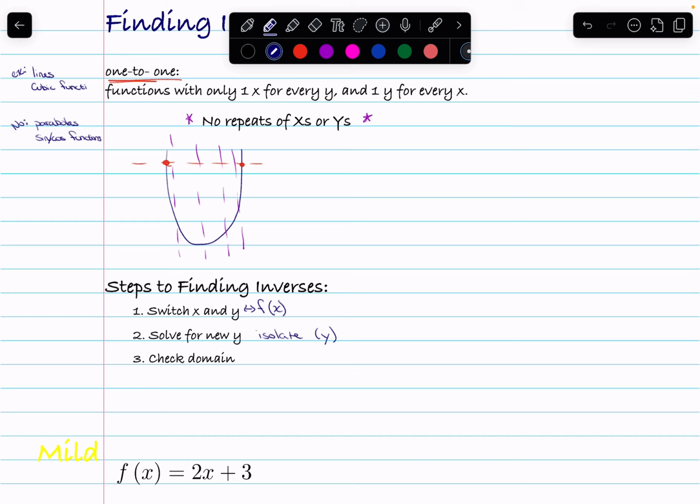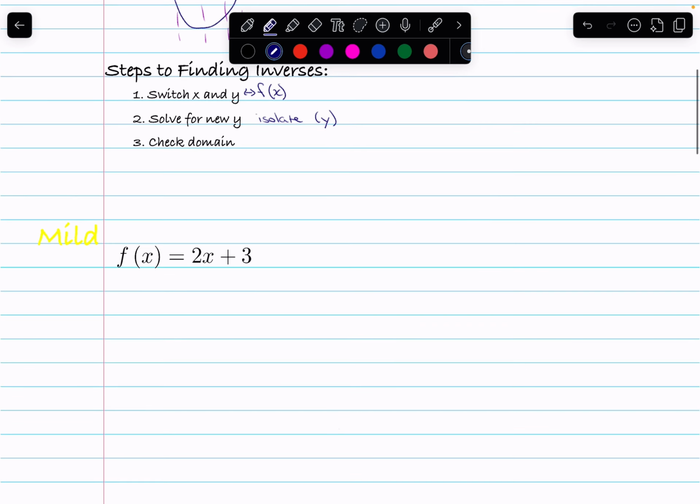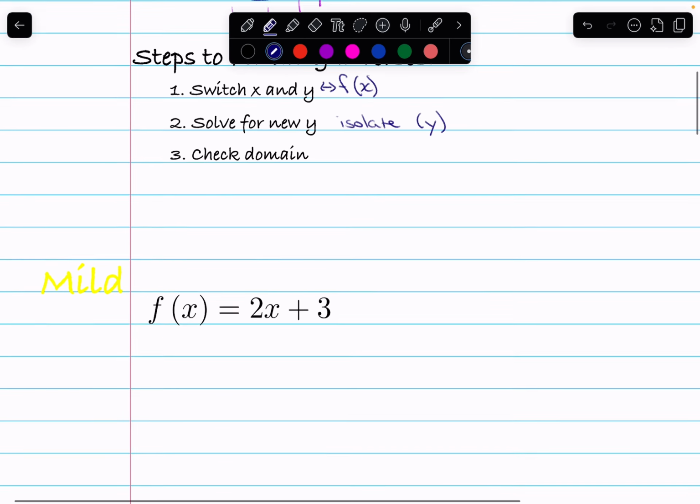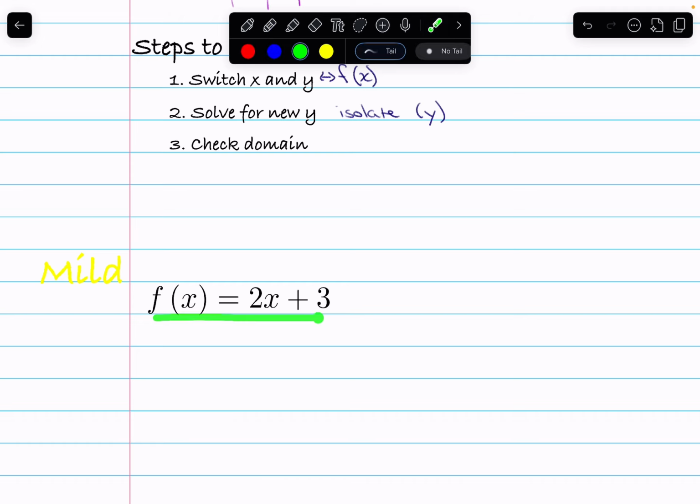So I have 3 examples for you, a mild, easy, medium, and then a spicy one. Okay, so let's go for this. So zoom in here. The first thing that I'm going to look at is, here's my function. I'm going to do step 1, switch my x and my y.